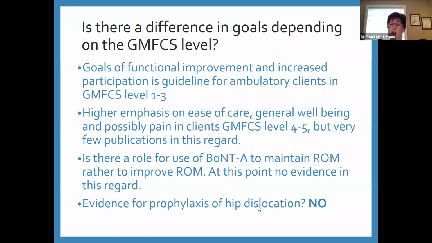But well-done studies have shown that this is not supported. Despite repeated botulinum toxin injections, this seems to be a natural history of the patients. And no, we're not using Botox to prevent hip dislocation. That does not mean that we won't inject hip adductors, leg adductors, to reduce the scissoring for comfort and for functional purposes. But we need to be very clear in our goals that this is not a protective measure for hip dislocation.